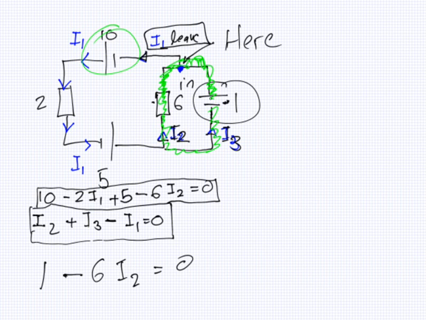This is Karar's loop. Alright, Karar, start at 20. What happens when I get here? Minus 10 I1. And then continue around to here. Plus or minus 5? Plus, because this battery is the right way.